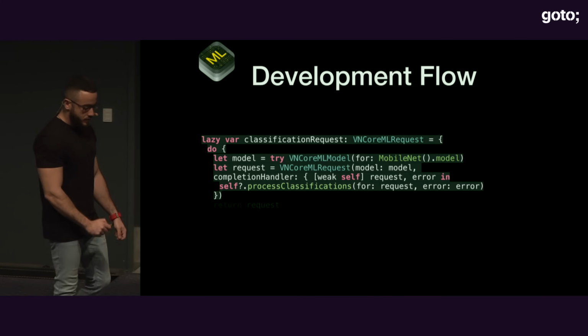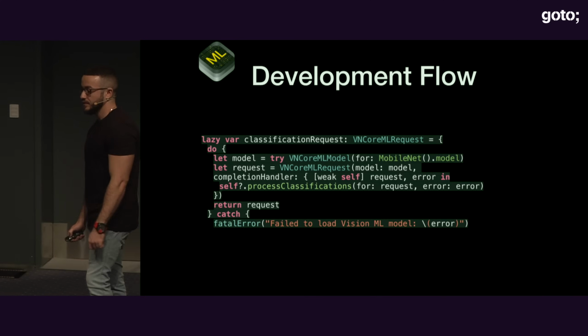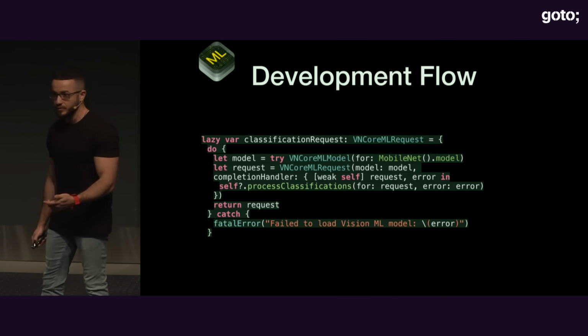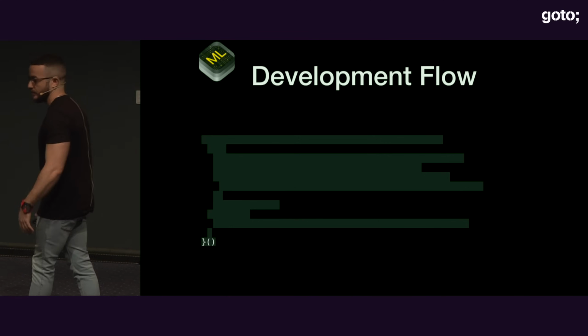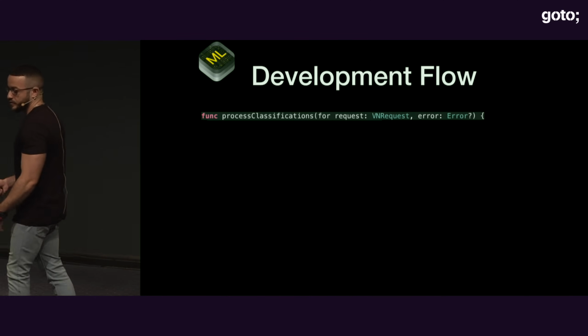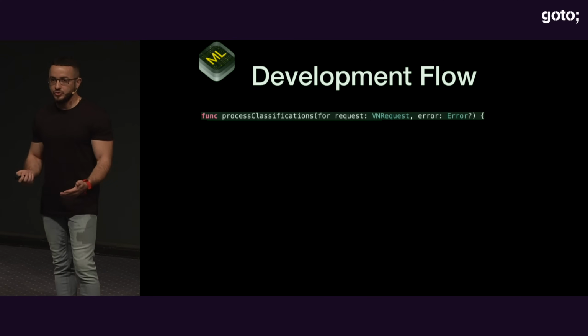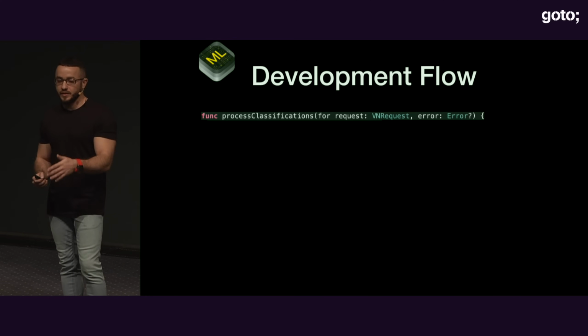The last part here is mapping the result into just a text saying that, OK, this is object X with Y confidence level, object A with B confidence level. So the result here that comes is an array which contains labels with confidence level, and it's sorted by the topmost confidence level.